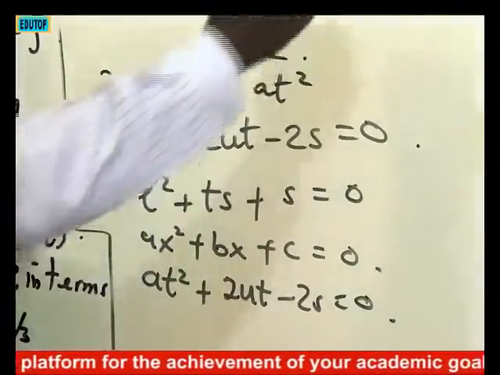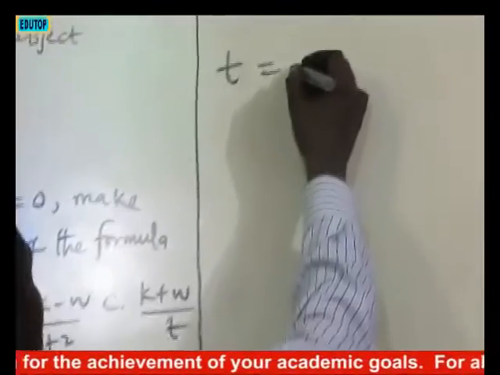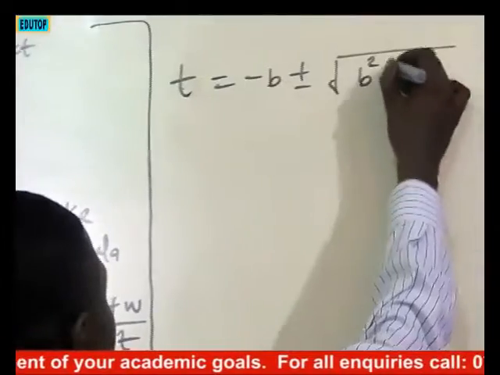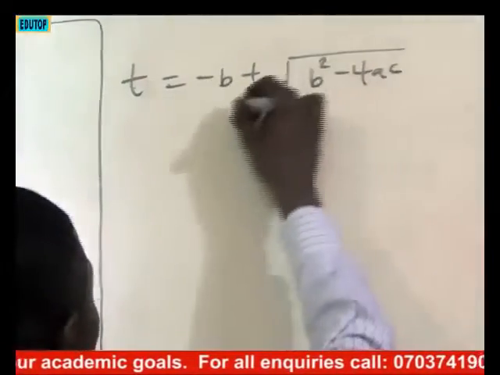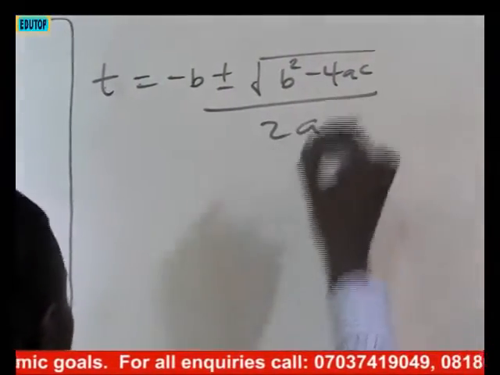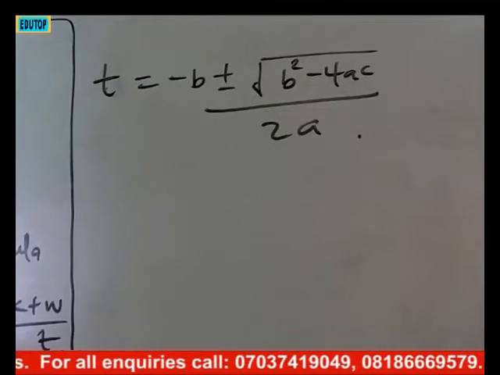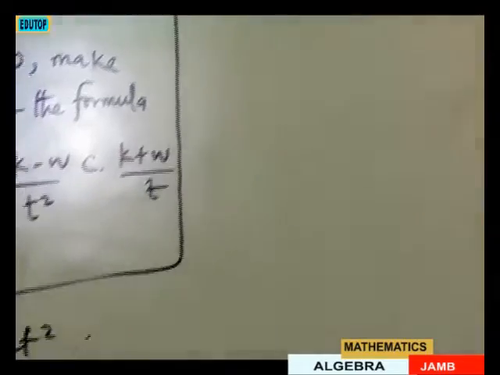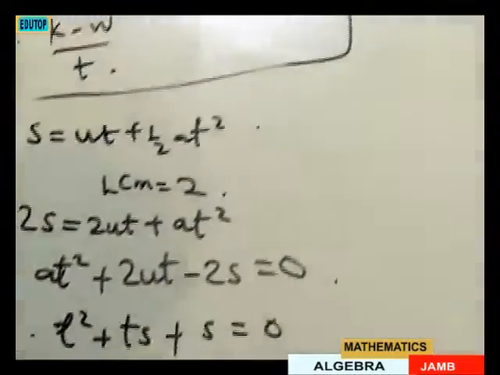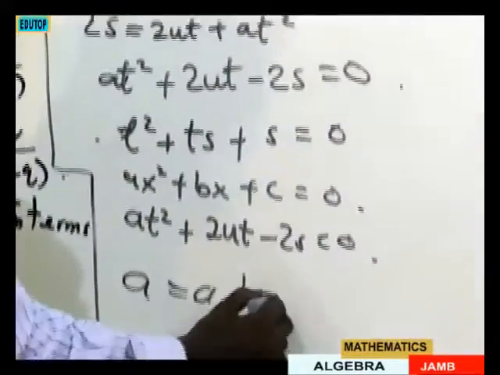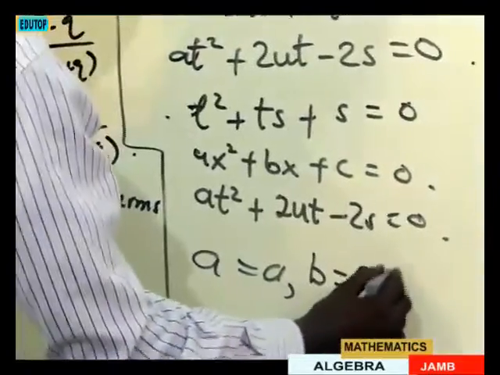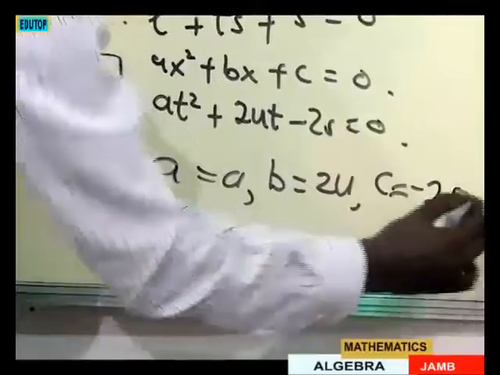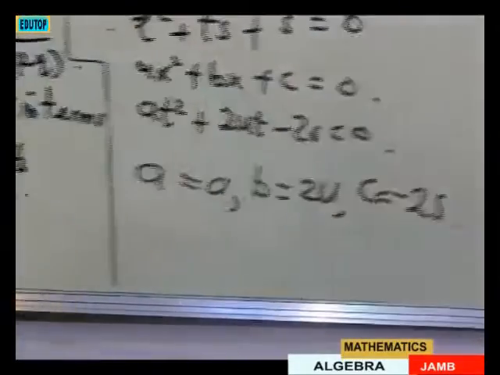Now if I'm to use the formula, I will say t equals minus b plus or minus square root of b squared minus 4ac over 2a. That is the formula. So in this situation, my a remains a, my b becomes 2u, then my c is now minus 2s. So that's the way we have it.